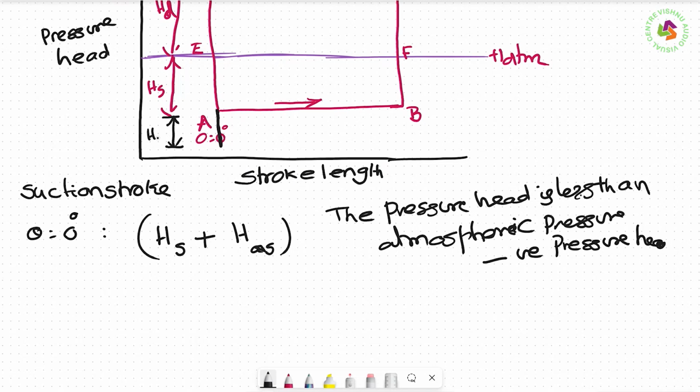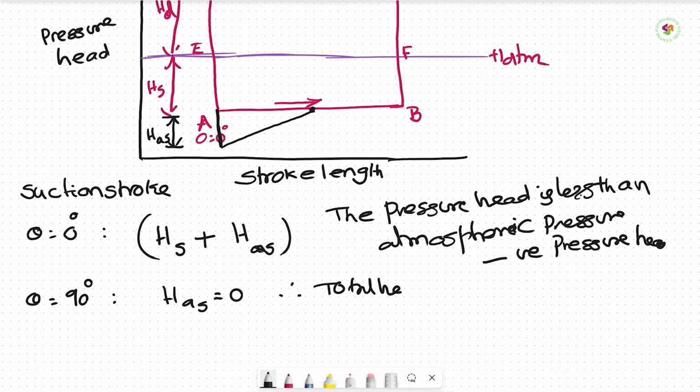When theta becomes 90, as HAS is equal to 0, the total head is HS only.